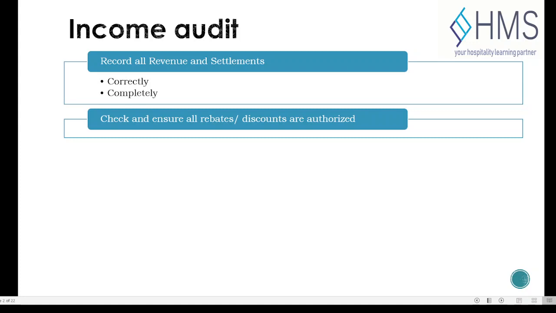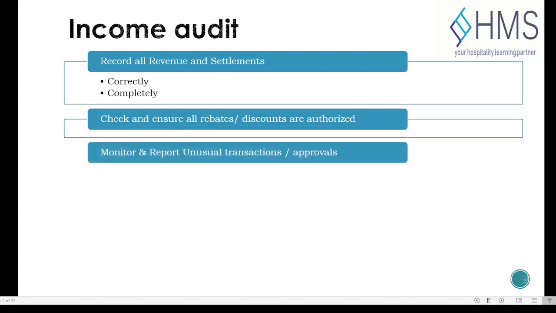They are not ideally questioning the validity of rebates if authorized as per DOA, but they can still raise the point if they see a rebate or discount that is unreasonable, even though it is within the delegation of authority, if they feel there was no sufficient reason for it.